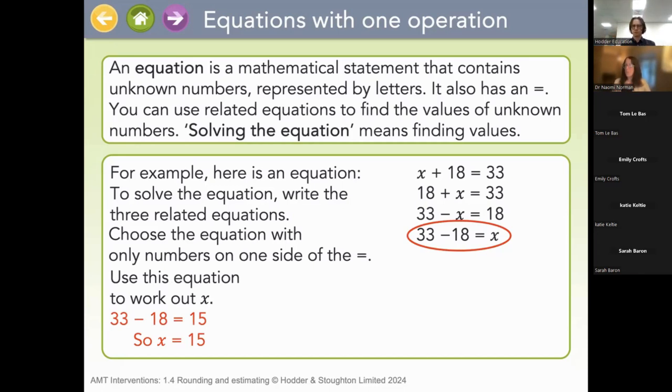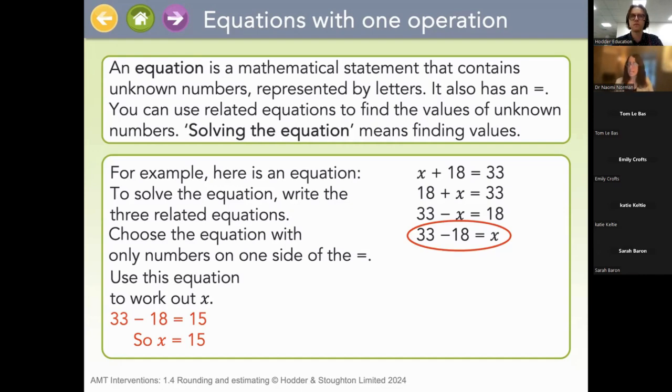So it won't be hugely different to how they have learned before, but it is somewhat different in that it draws heavily on what is already familiar to them and doesn't require them to identify the relevant related equation with x on one side in one go, immediately after being presented with the original equation.